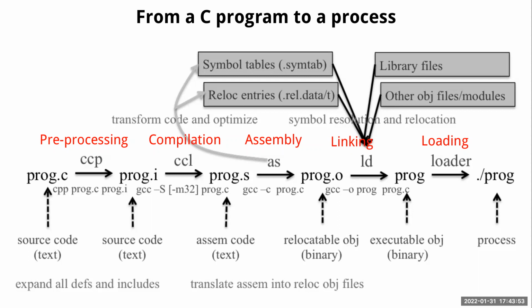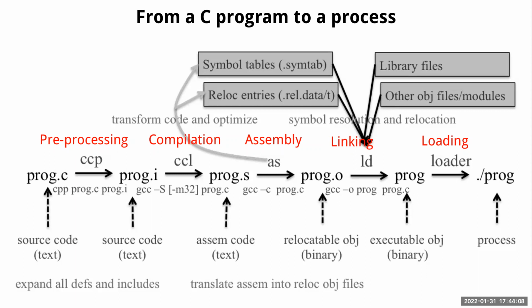C is a high-level programming language. Obviously, it is not as high level as some other languages you are familiar with, like Python or Java, but still, we consider it a high-level programming language.